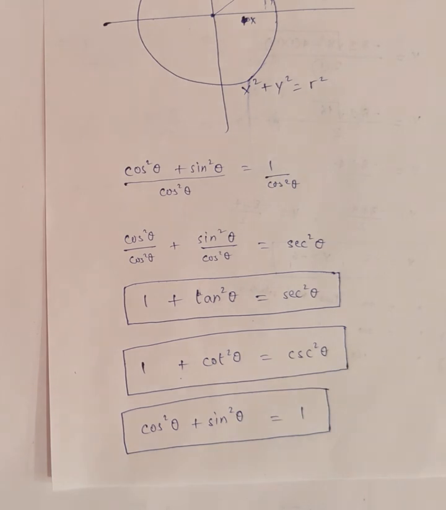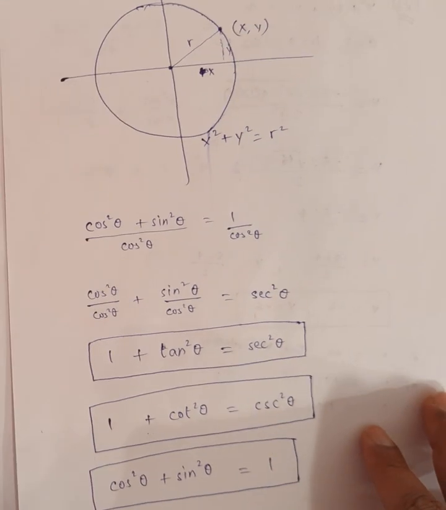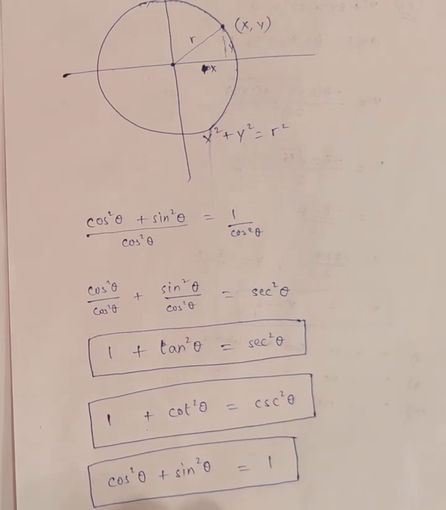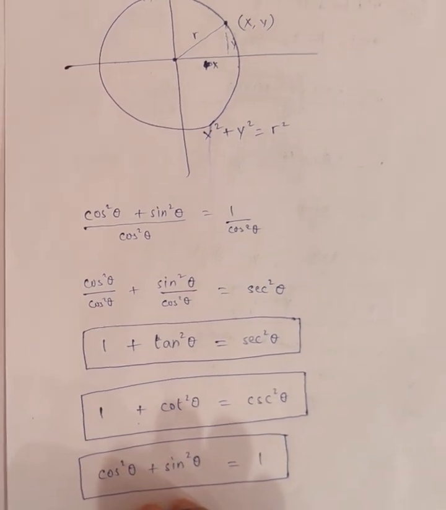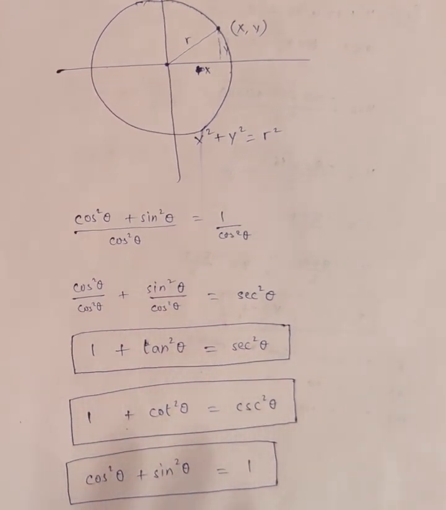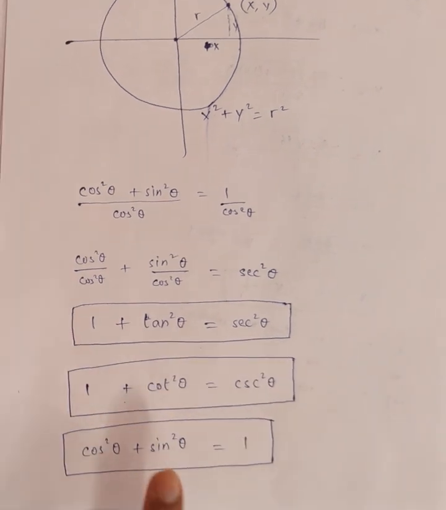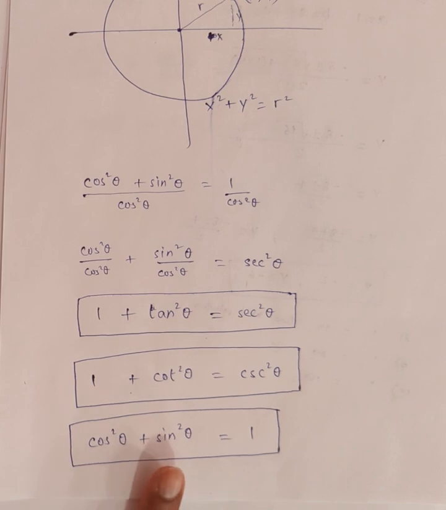There are a lot of identities in trigonometry, and we want to take them slowly, one at a time, and they have a lot of interdependencies as well. So be sure to remember at least this one, and then we'll cover more identities in subsequent videos.